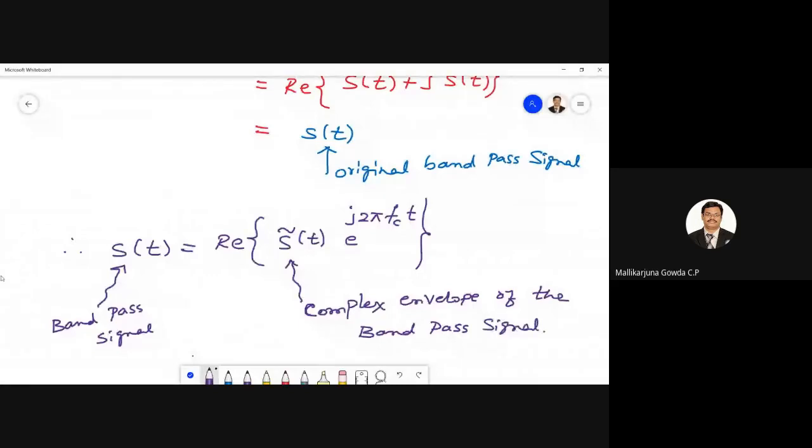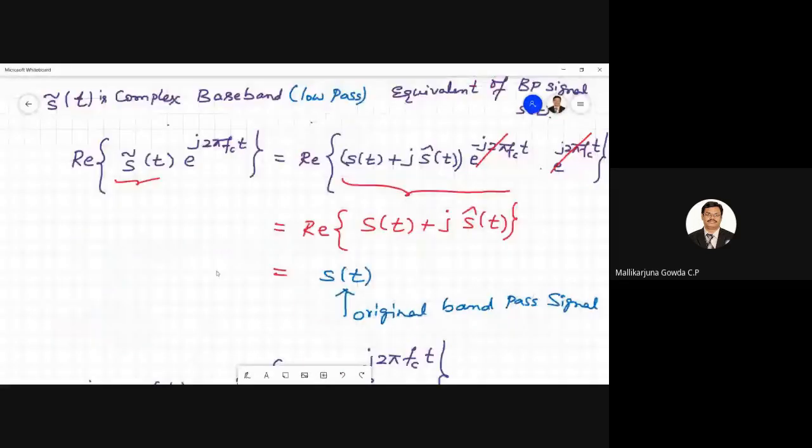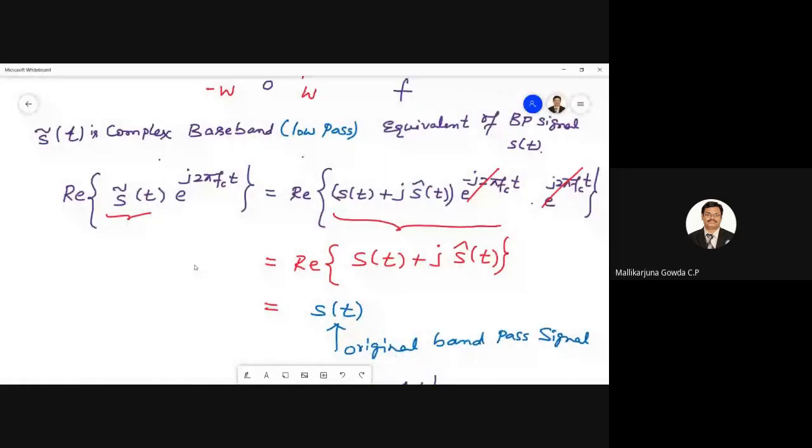Yeah, what I said is, I said S tilde of t is the complex baseband equivalent of the band pass signal. Then what we observe is the real part of S tilde of t into e power j2 pi fct.